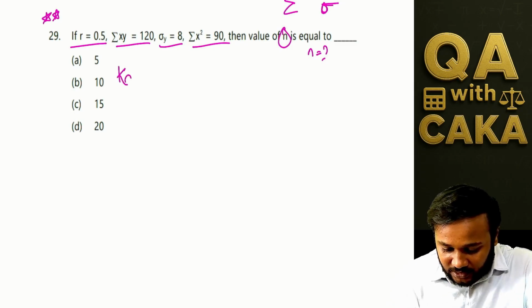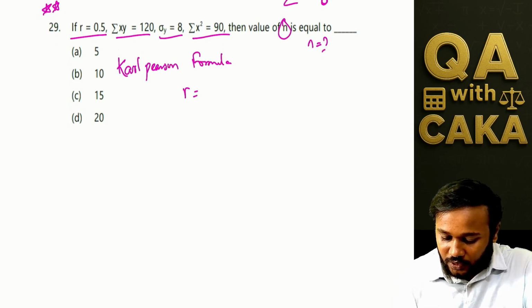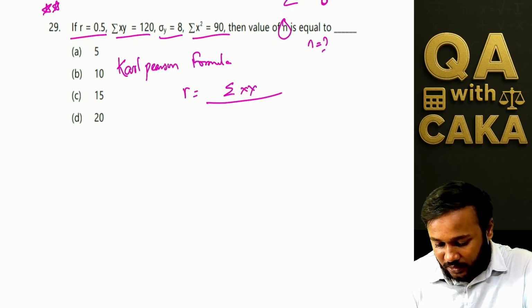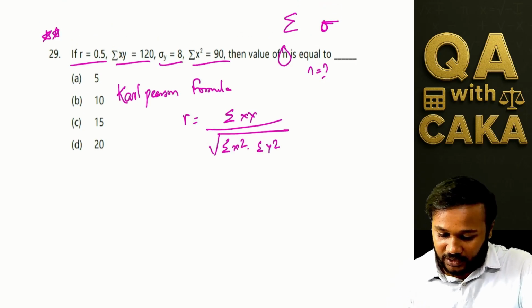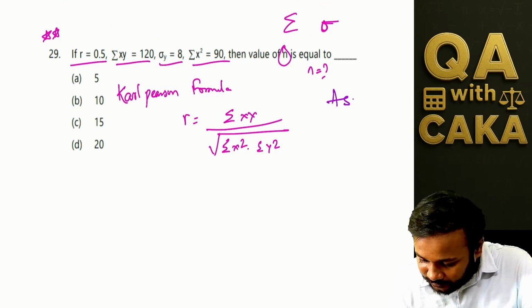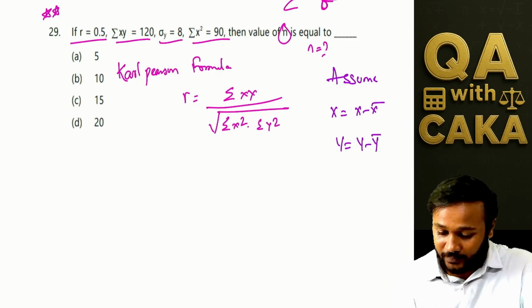So with Karl Pearson's formula, r is equal to summation xy under root of summation x square into summation y square. This is the formula. But in this case we need to assume one thing: x is equal to x minus x bar, y is equal to y minus y bar. You'll understand why.